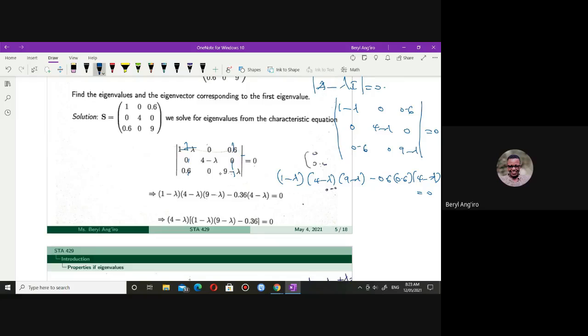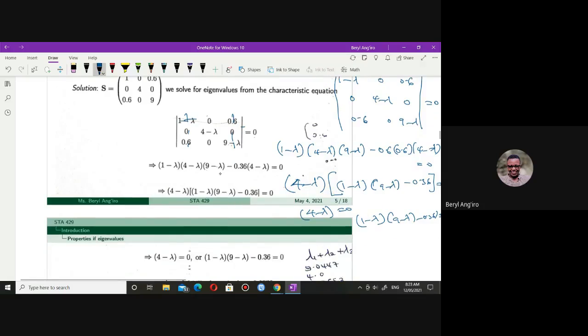So 4 minus lambda is common. 4 minus lambda into (1 minus lambda times 9 minus lambda minus 0.36) equals 0. So we know that here we have 4 minus lambda equals 0, or (1 minus lambda)(9 minus lambda) minus 0.36 is also equal to 0.